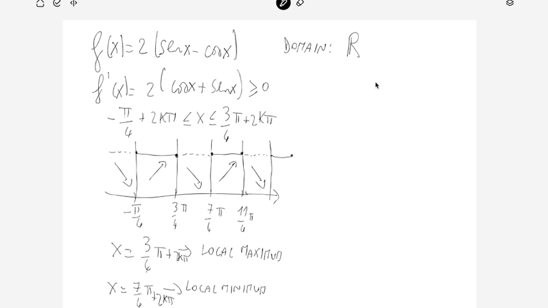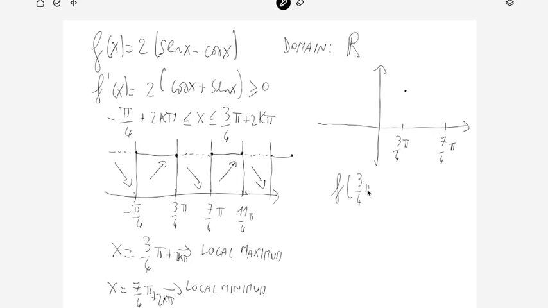Okay, so in our graph we have 3 over 4 pi, 7 over 4 pi, and this function achieves a local maximum here and a local minimum here. I don't know the value, we can compute the value if we want.